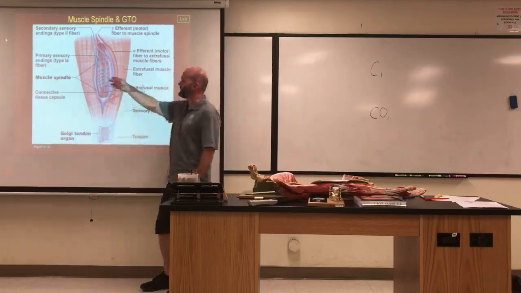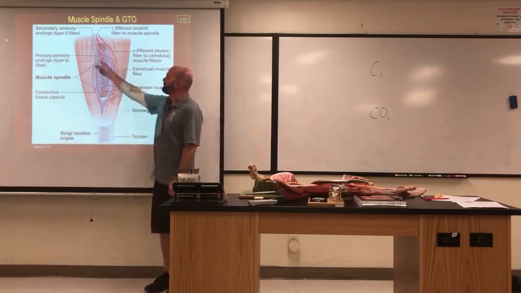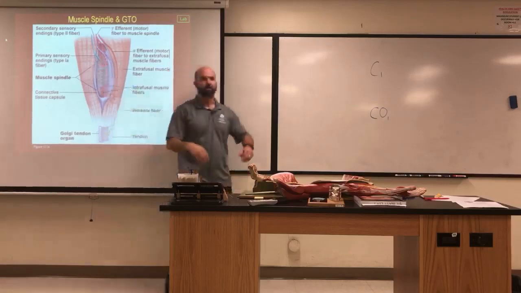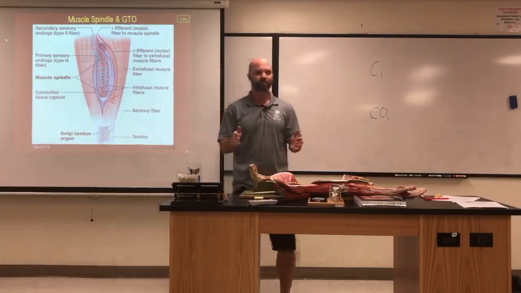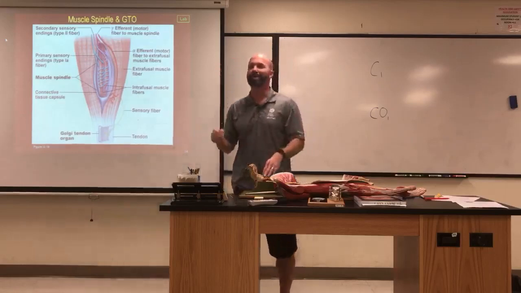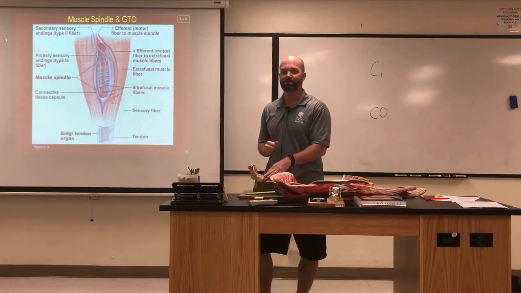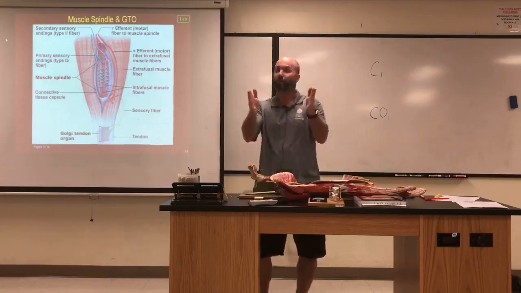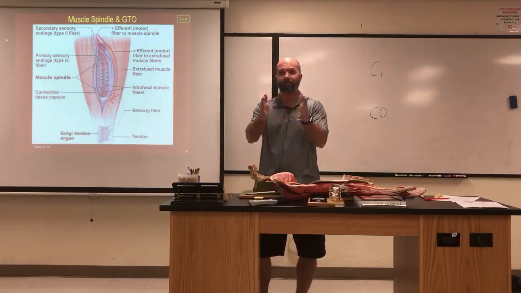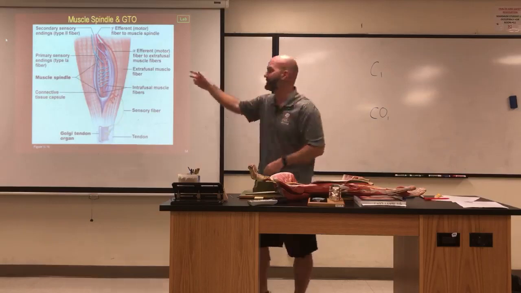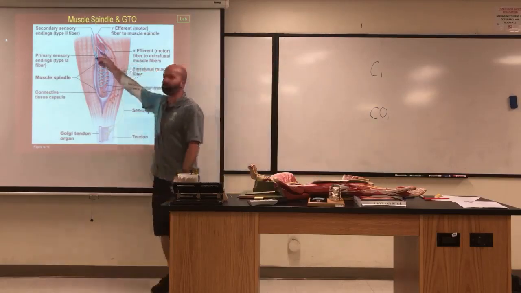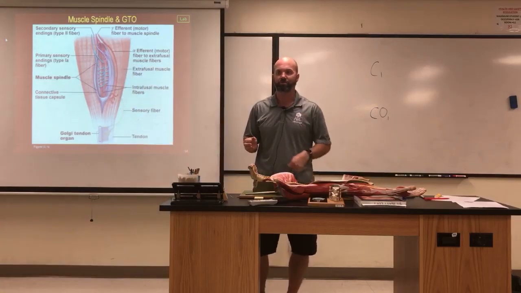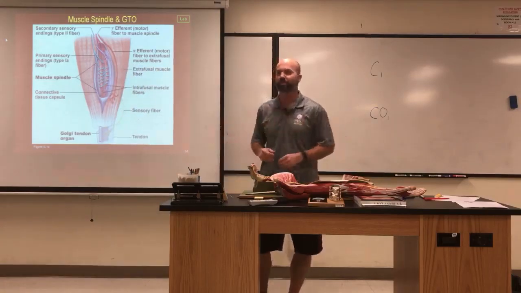The difference between the two: primary endings can detect 2 things: change in the length of the muscle, and also the rate at which the muscle length changes. So we can tell the difference between a very quick change in muscle length or a very slow change in muscle length. Whereas the secondary nerve ending can only monitor change in length, not the rate of that change, just the absolute change.